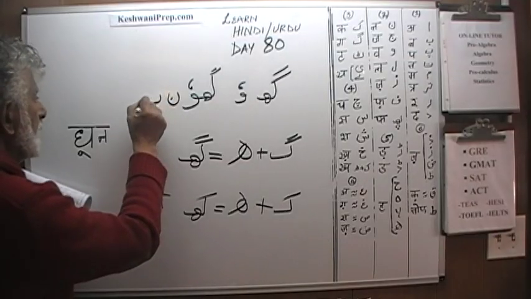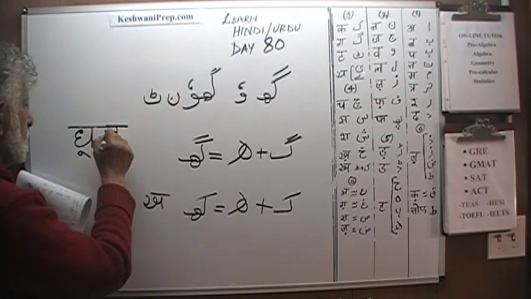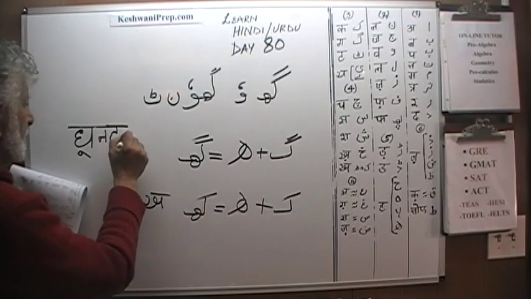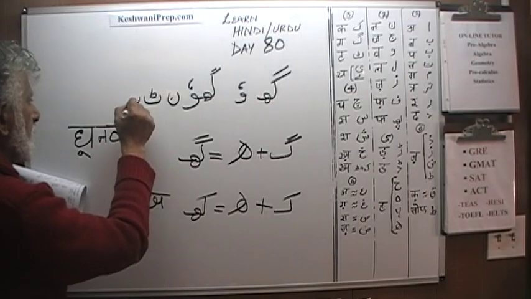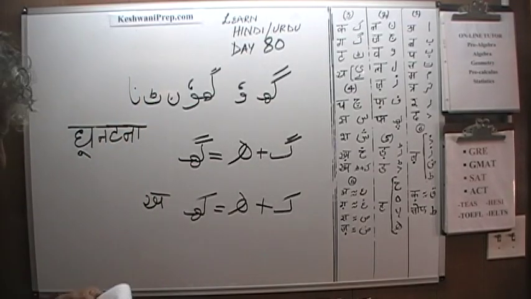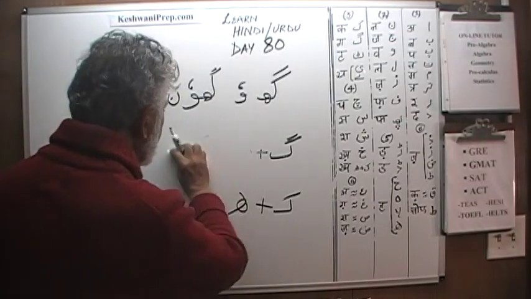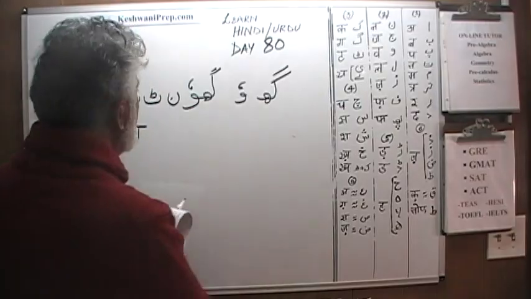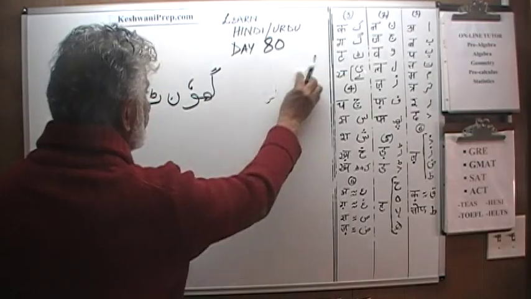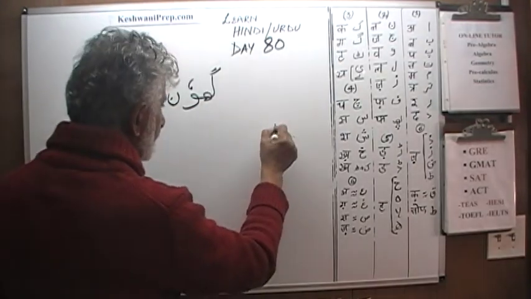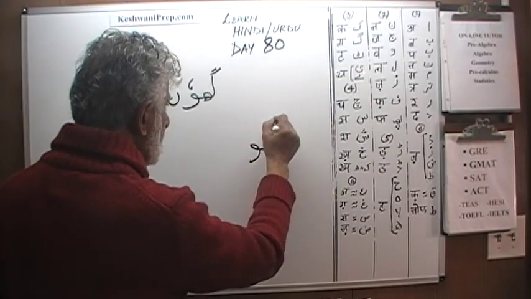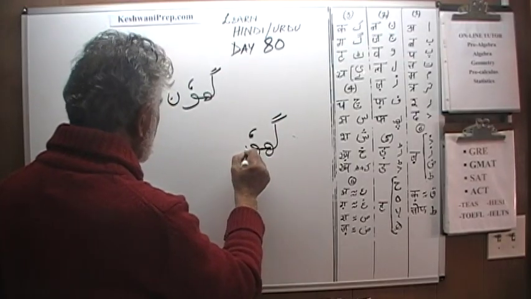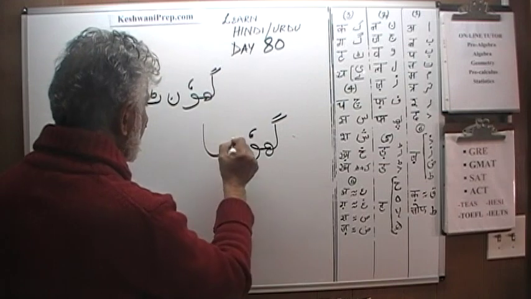Then we need a Ta. Then we need a Na. And now it reads, let's erase all the other stuff. Let's first put them together, shall we? So this is a G, wow, ulta pesh makes a Gu, Na, Ta and Na.